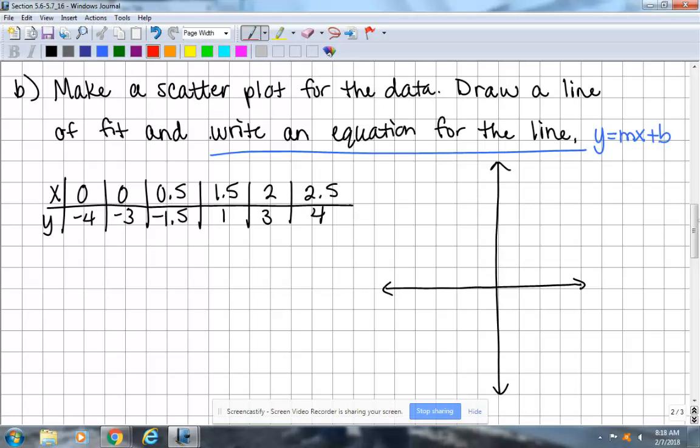So they've given us this data. The first thing we're going to do is plot all the points.